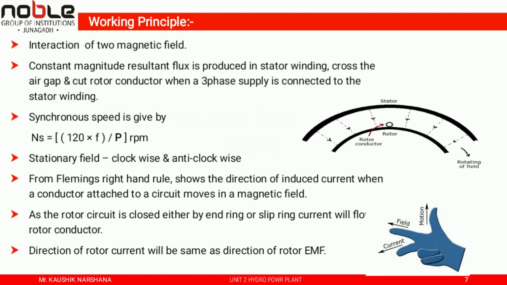Right, the direction of the force can be calculated by using Fleming's left hand rule. Okay, and the force acting on the conductor is in the same direction as the rotating magnetic field. The rotor conductor is in a slot on the circumference of the rotor, and the force acts in a tangential direction, right? Perpendicular to each other.